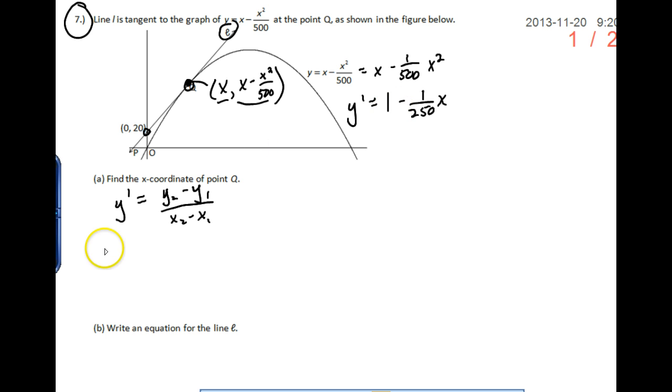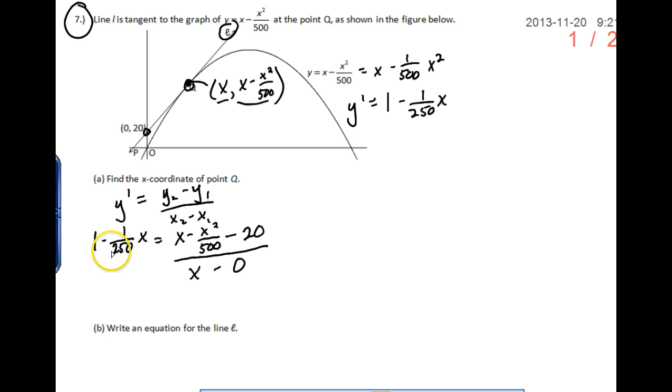So we're going to set 1 minus 1 over 250 times x equal to the slope of the secant line, the slope of the line connecting the 2 points, 0, 20, and x, comma, x minus x squared over 500. So we're going to take x minus x squared over 500 minus 20 divided by x minus 0. So this is the slope of line L.